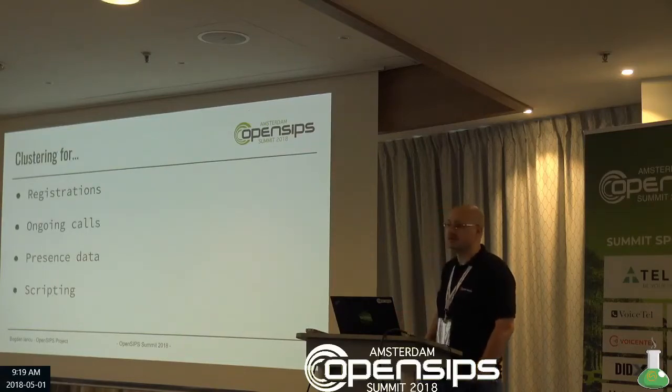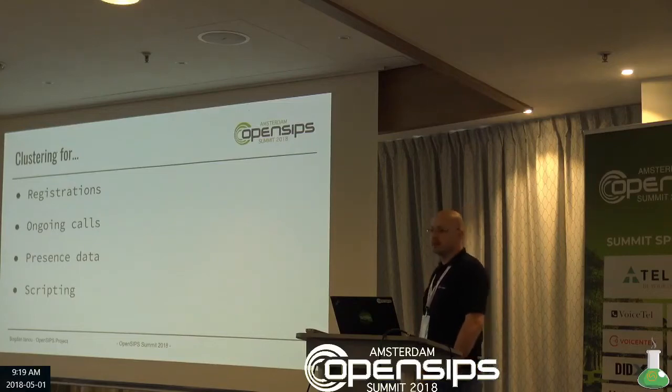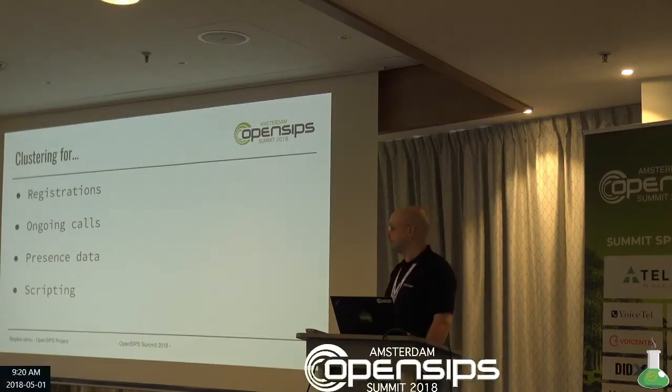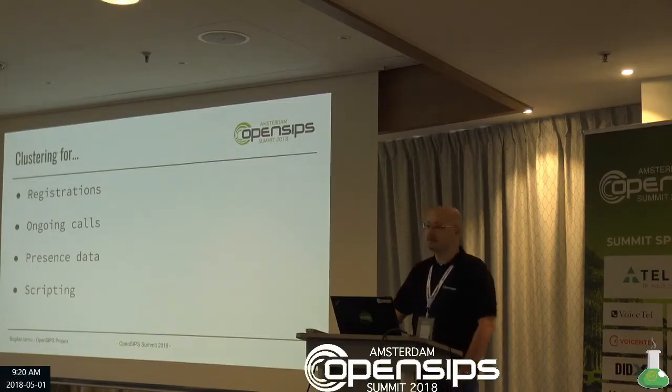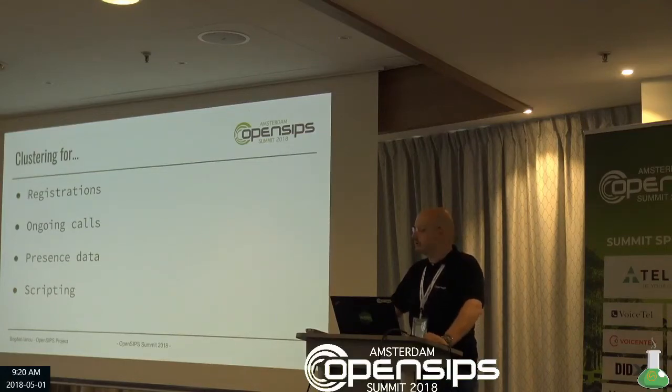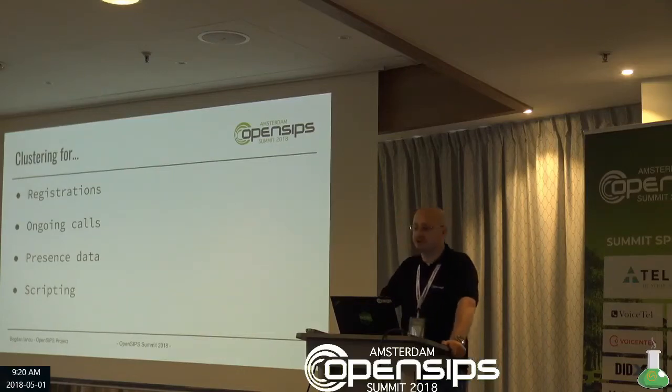So on the top level, when it comes to clustering, we addressed registrations, and here we have different models for how you can distribute or share registrations. We have different approaches, like a federated approach or full sharing of the data.